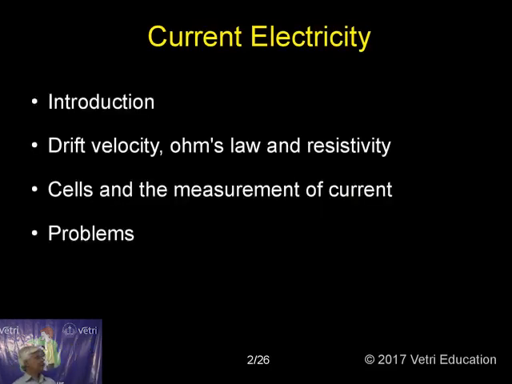In this chapter we are going to discuss current electricity, the definition of current, why this chapter is separated from electrostatics, how we can find Ohm's law, what the failures of Ohm's law are, how it can be modified by some other law, what electric cells are, how current is measured, and solving problems. It is a very small unit.